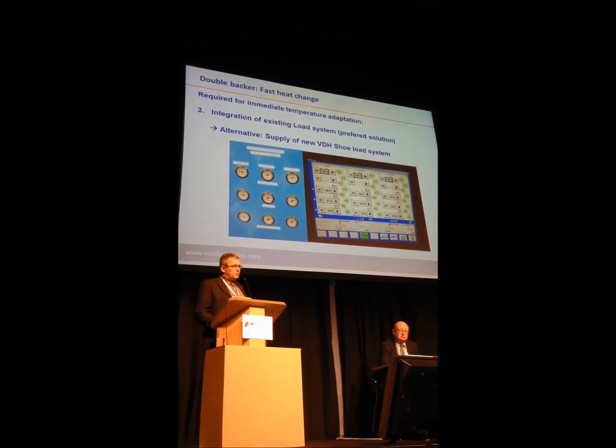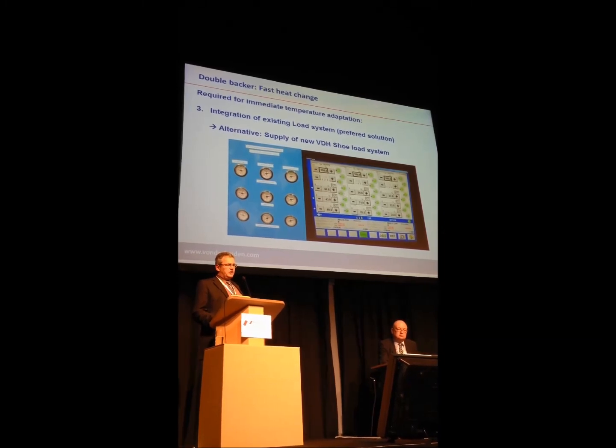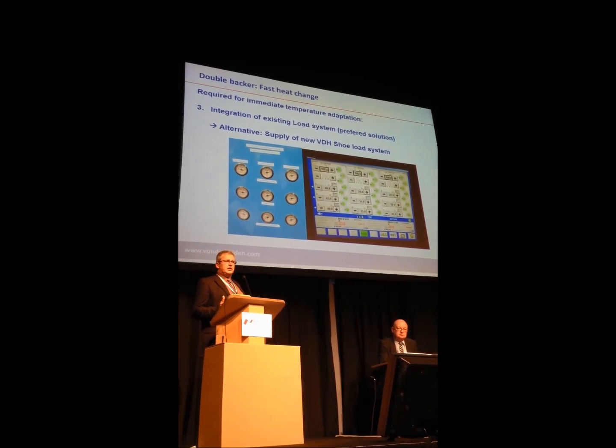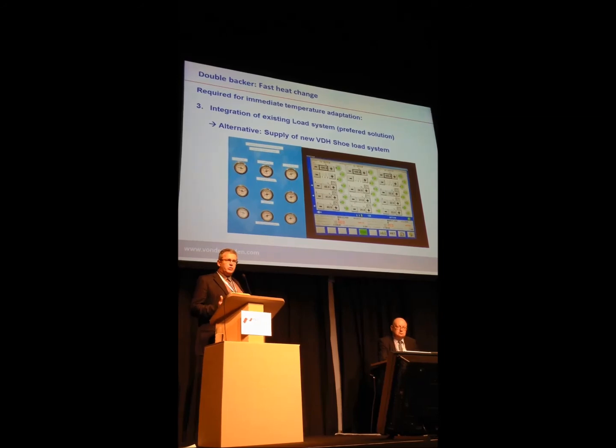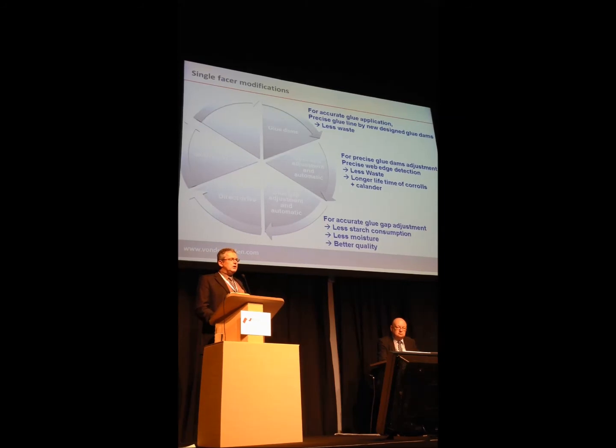Then, in order to make a very fast heat exchange, what you need for a warp control system is the load system. Of course, everyone would like to see his existing load system used. And this is what we did here. We used the original Agnati load system for our upgrades. Alternatively, we can supply you with a new load system too. And then we looked at the other single facer modifications, which from time to time are always different.